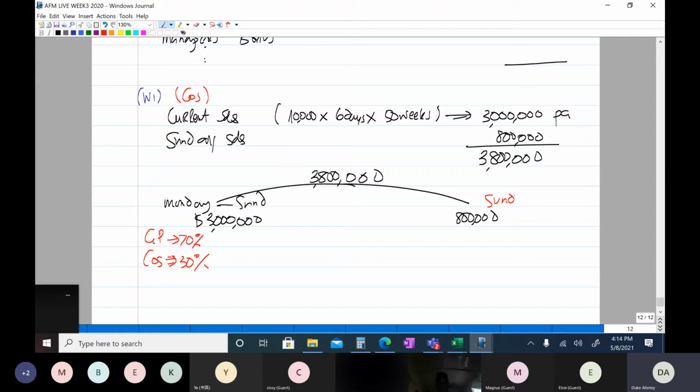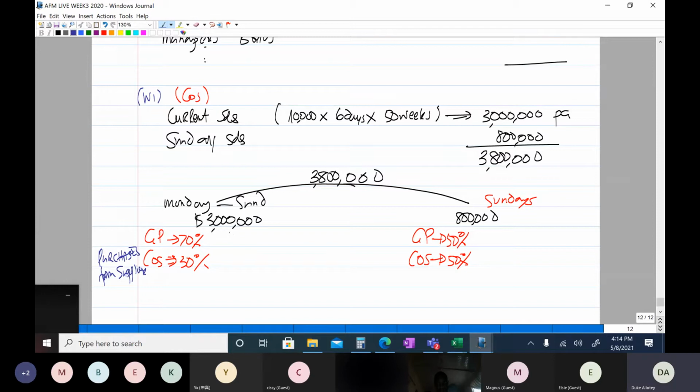But on Sundays, the question says our gross profit will reduce by 20 percentage points, because we want people to buy more on Sunday. So that gives us 50%, meaning that our cost of sales will become 50%. Now, don't forget your cost of sales is technically your purchases from the supplier.